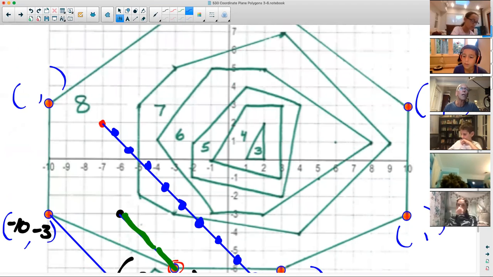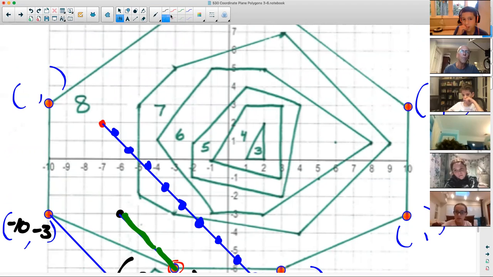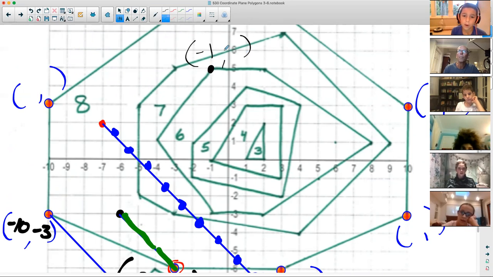I am obsessive about testing theories. So can you guys help me test the theory? Let's look at this point right here. Who can name that point? We're going to say it on 3. 1, 2, 3, go. Negative 1, positive 5. Negative 1, 5.